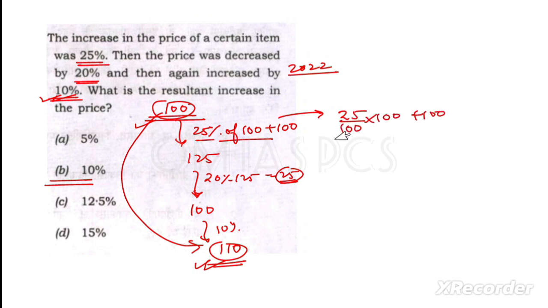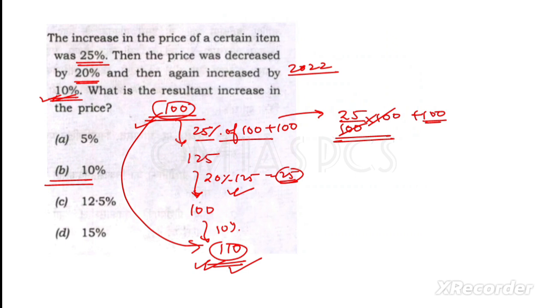This is 25% of 100, so it will be 25 plus 100, that is 125. The final result is 110. So you understood how I approached this one. It was a very easy question, I think. So let's move to another one.